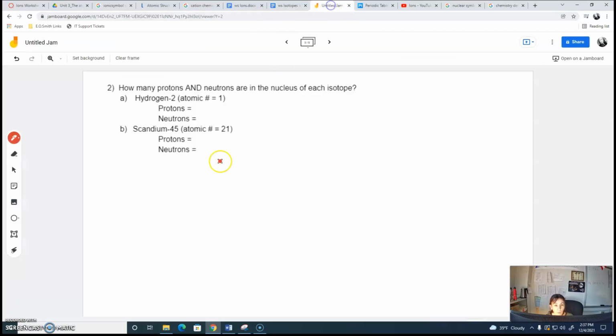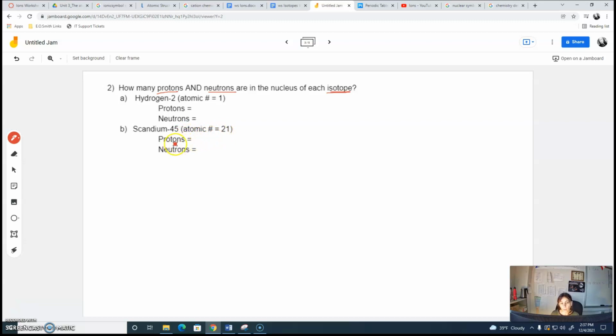I'm gonna do question B as an example for you. The question is asking how many protons and neutrons are in the nucleus of each isotope. My first isotope is scandium 45, and I am told the atomic number is 21.